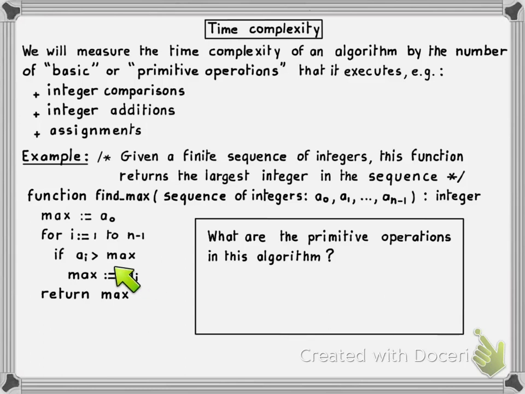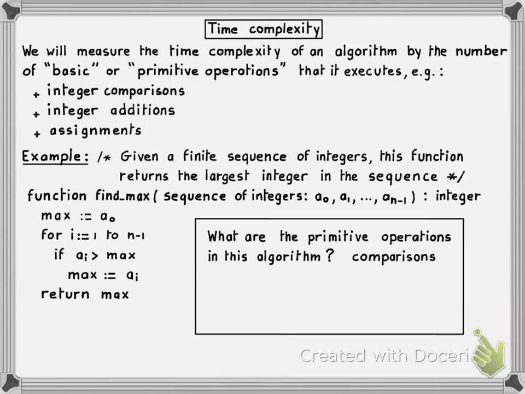So it appears that the comparisons of these two integers is the best representative of the runtime of the algorithm. So the answer to the question here is we're going to use the comparisons as our primitive operation.